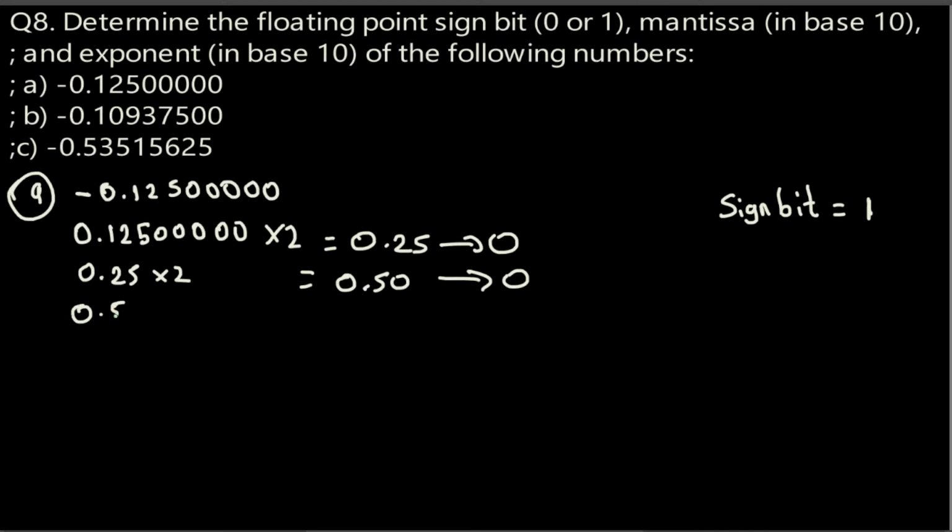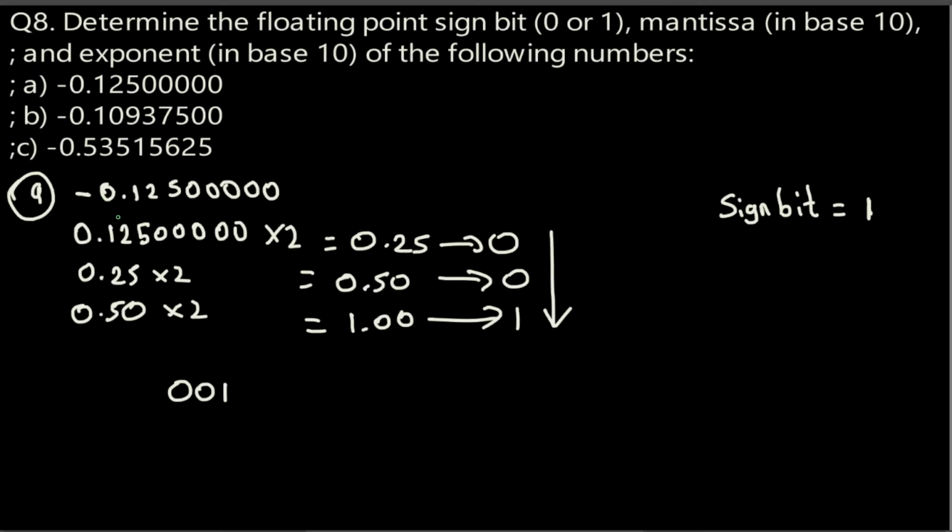And then 0.50 multiplied by 2 gives us 1.00. So we derived the situation where we have 0.00, so we stop right here, and the value in front of the decimal point is 1 right here. And this one we read from top to bottom, so this is 001.